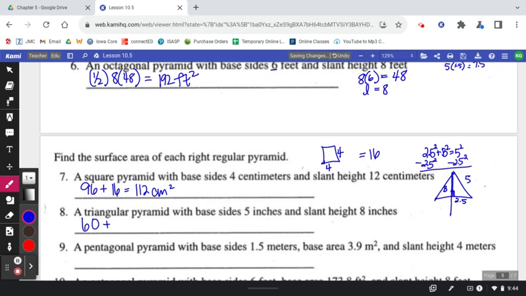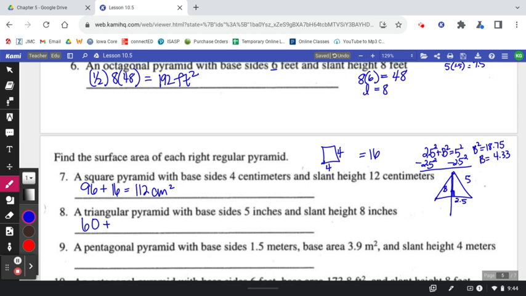So 5 squared minus 2.5 squared is 18.75. B squared equals 18.75. Square root of 18.75 is 4.33. So the height of my triangle is 4.33.